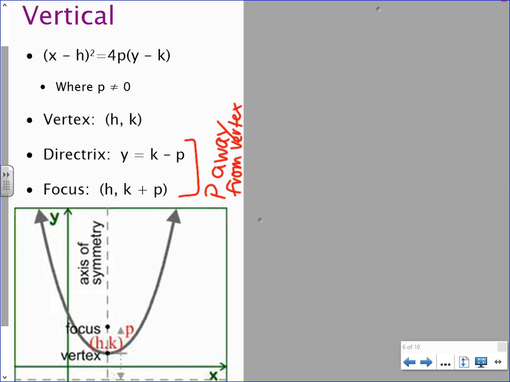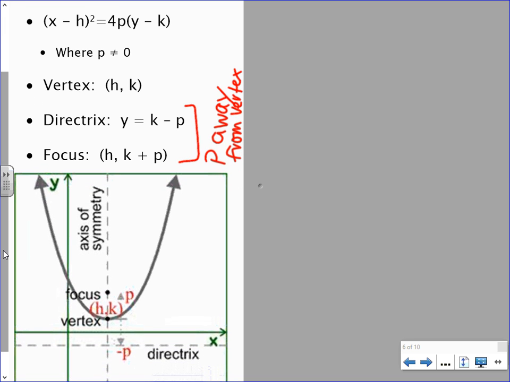But we know we will have a horizontal line for our directrix because it has to sit perpendicular to the axis of symmetry. And we know our focus will be inside the parabola. So what we'll do is we will graph our vertex, we will count p inside, and we'll plot that point and then figure out what it is.